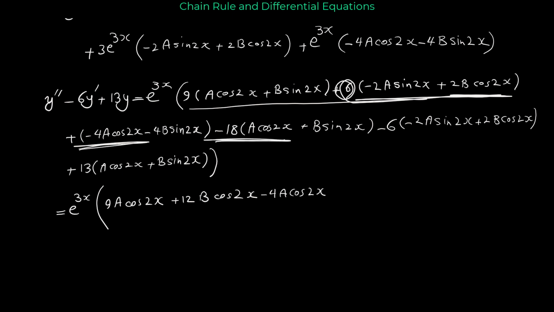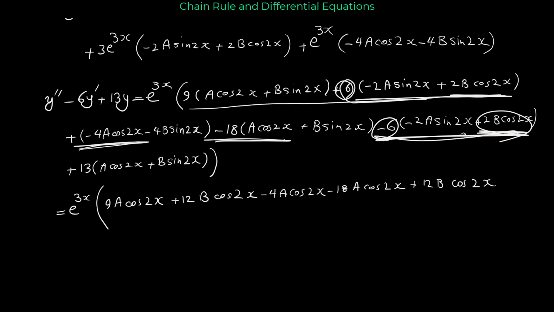And we have this term minus 18a cosine 2x. We have this term negative 6 times this, plus 12b cosine 2x, and finally we have this 13a cosine 2x.